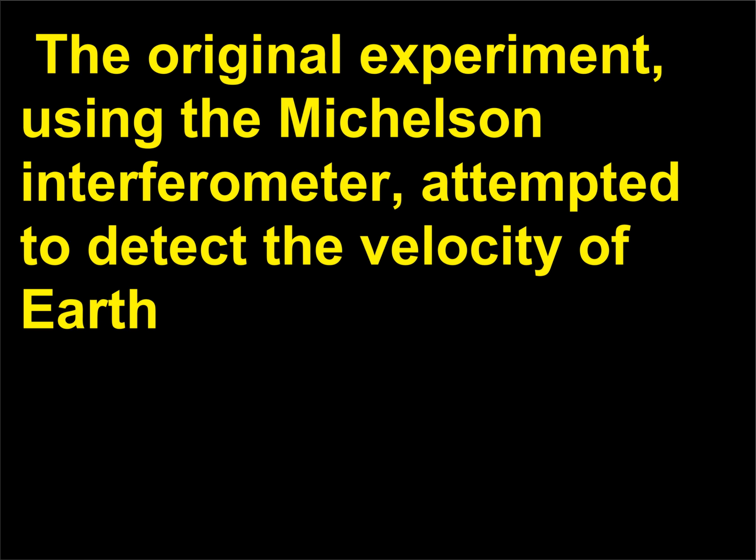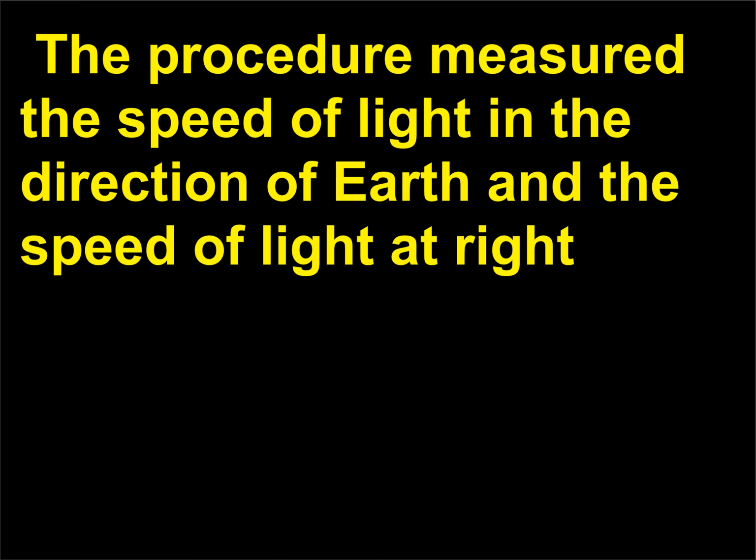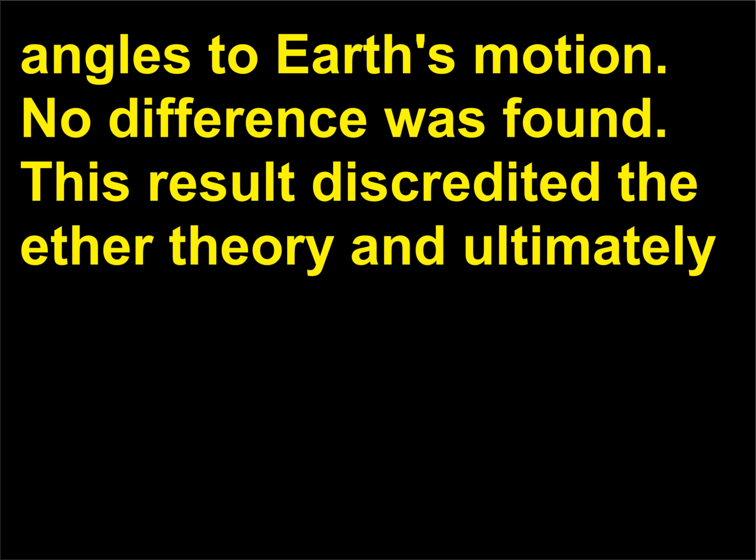The original experiment, using the Michelson interferometer, attempted to detect the velocity of Earth with respect to the hypothetical luminiferous ether, a medium in space proposed to carry light waves. The procedure measured the speed of light in the direction of Earth and the speed of light at right angles to Earth's motion.